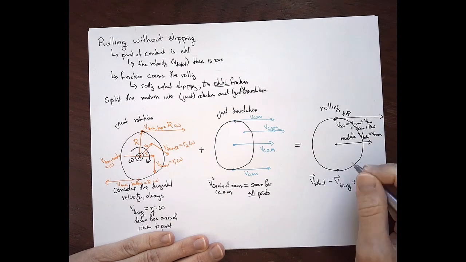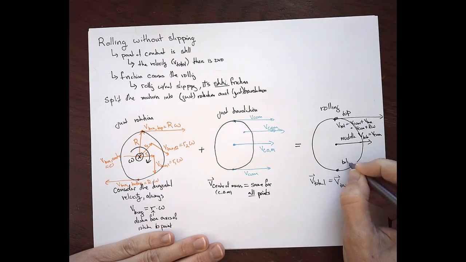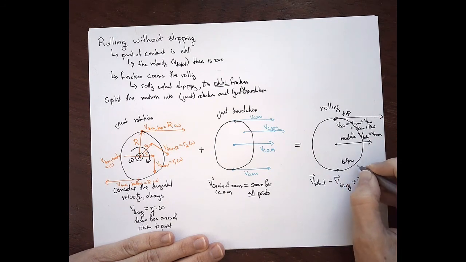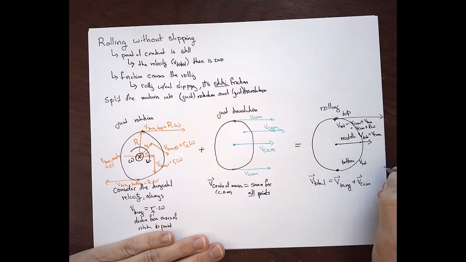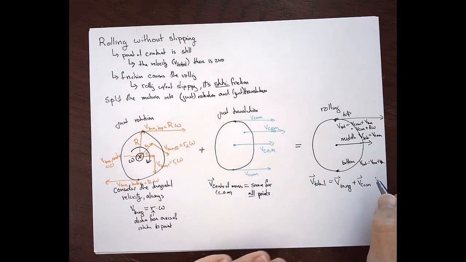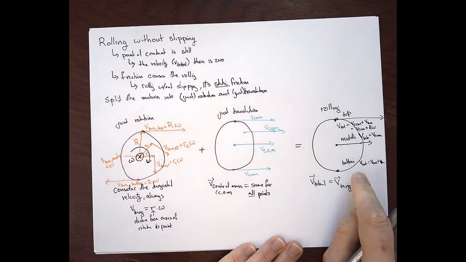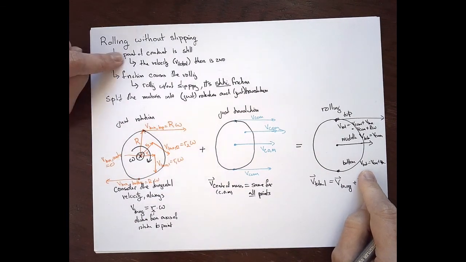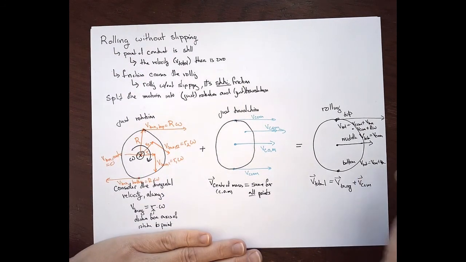So that is going to be a longer arrow. And then down here at the bottom, we have the total velocity equal to the center of mass velocity plus the tangential velocity. But we also know the point of contact is still, so the velocity there is 0.